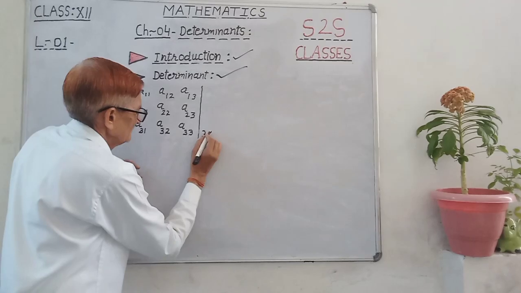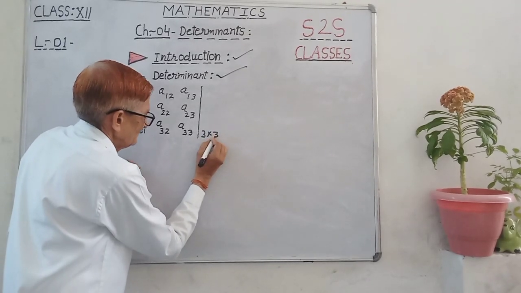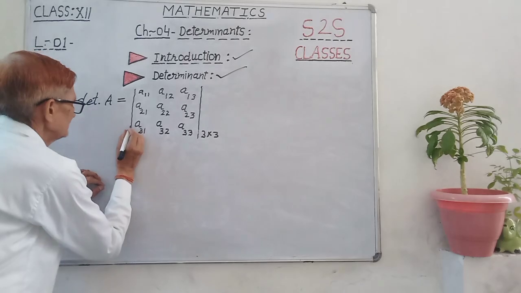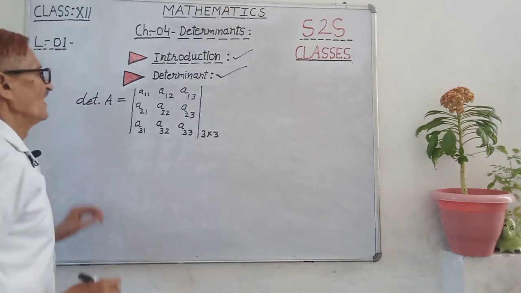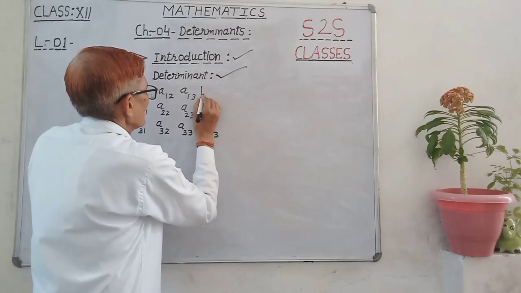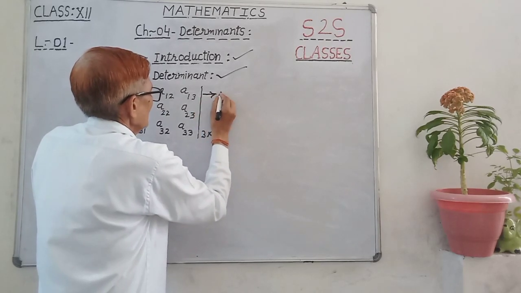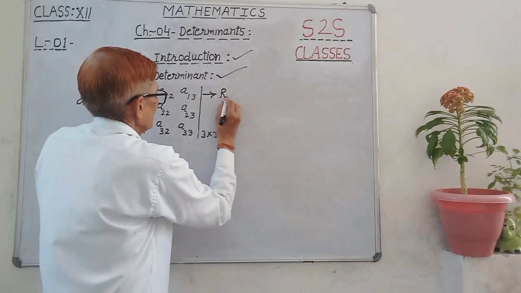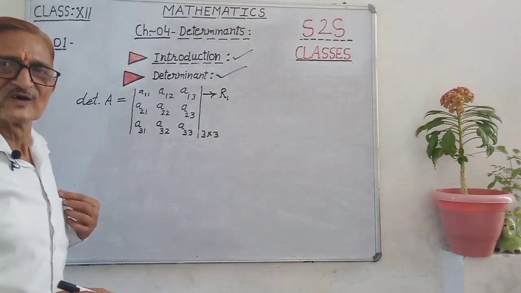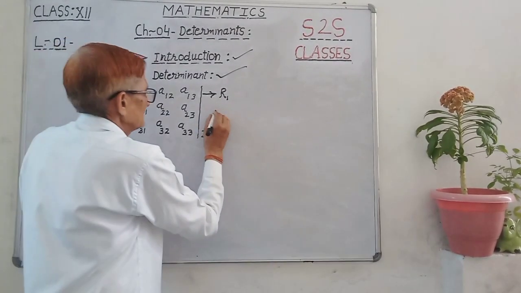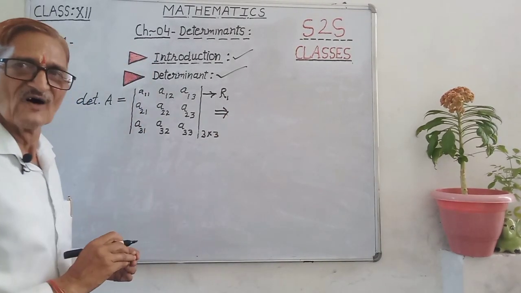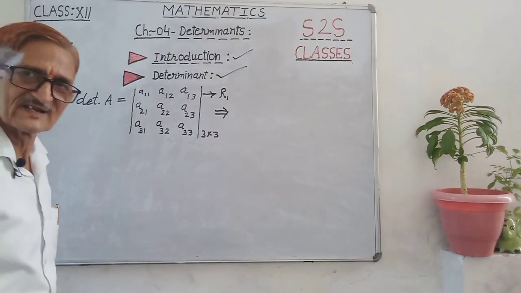Okay, 3/3. This is the determinant. How can expand along R1? This is R1. ठीक है, expand along R1. So what is this expansion? Understand, evaluate this. So how can evaluate in the one number?